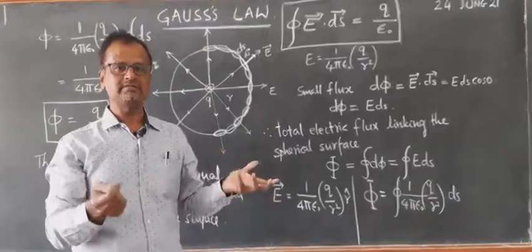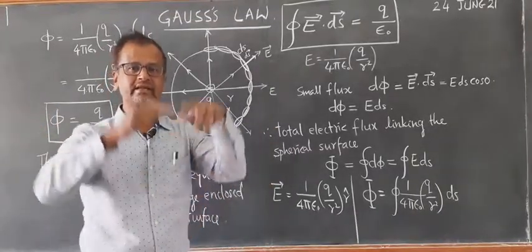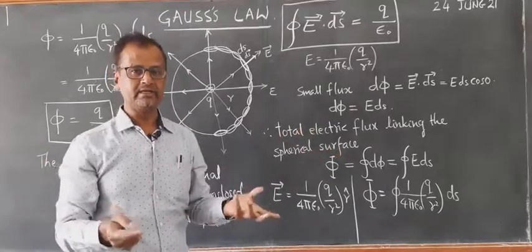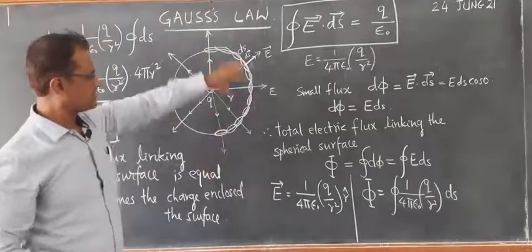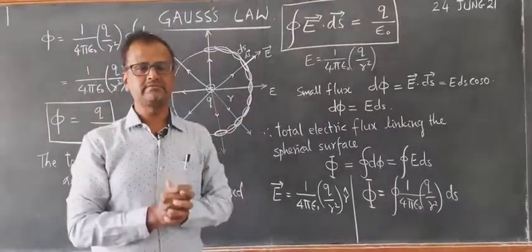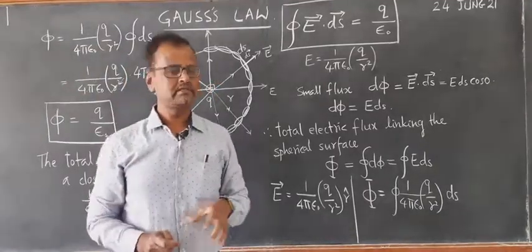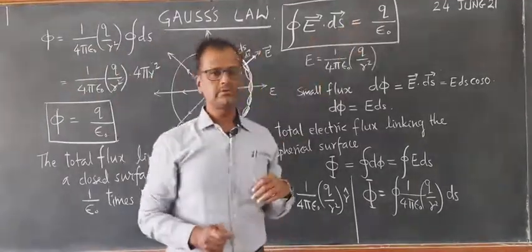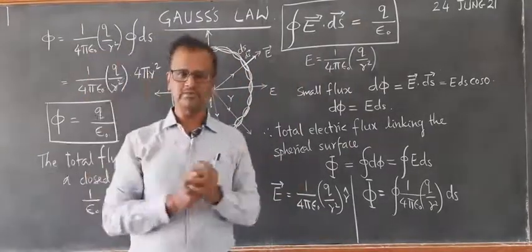The cause of this electric flux linking with a closed surface in any electric field is the charge enclosed by it. Suppose the closed surface does not include any charge. If there is no charge inside the surface, then charge becomes 0, then total flux linking with the surface becomes 0.